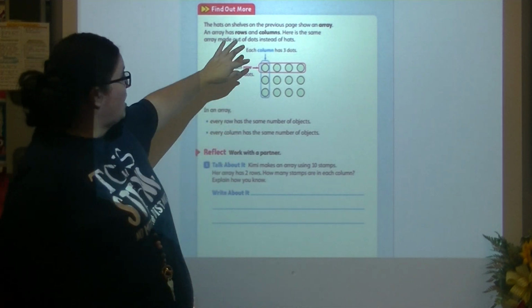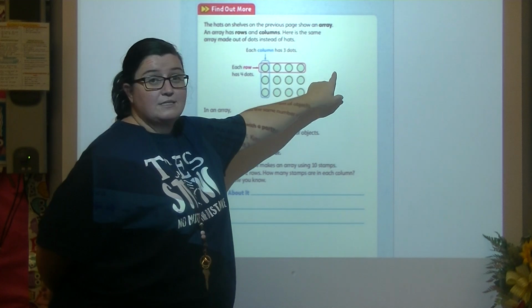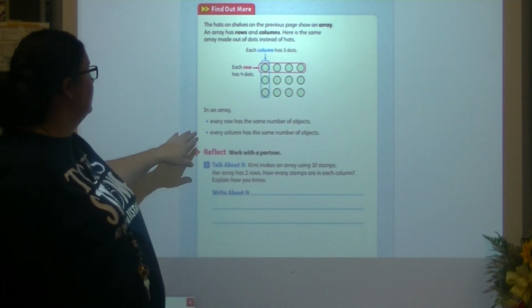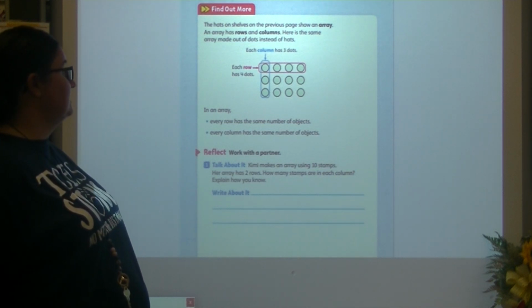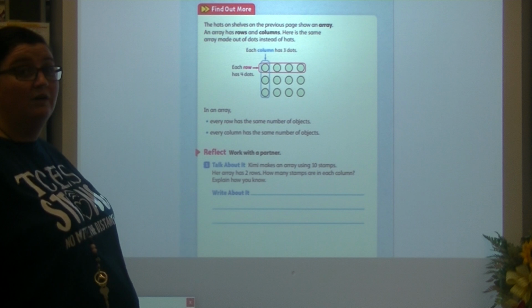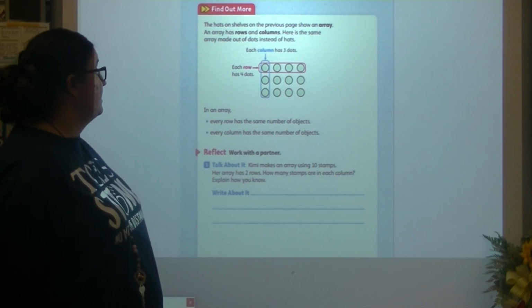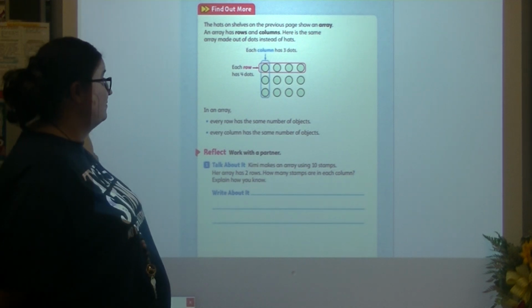So one more time, columns go down, and your rows go sideways. In an array, every row has the same number of objects. Every column has the same number of objects.